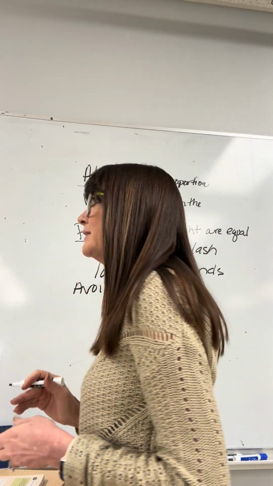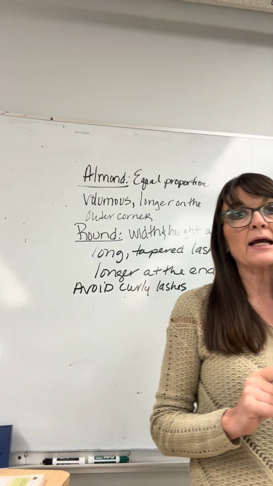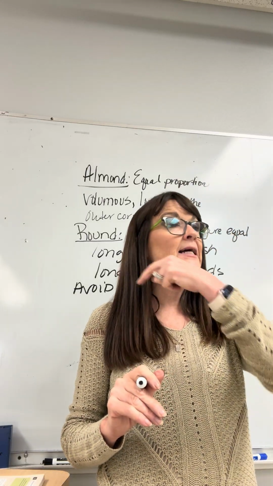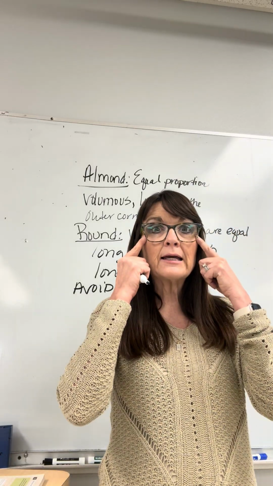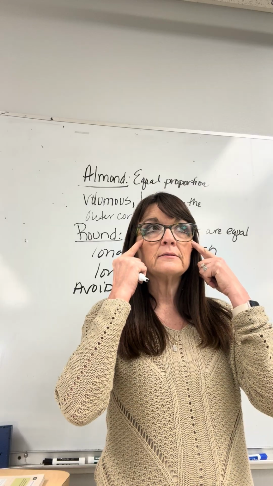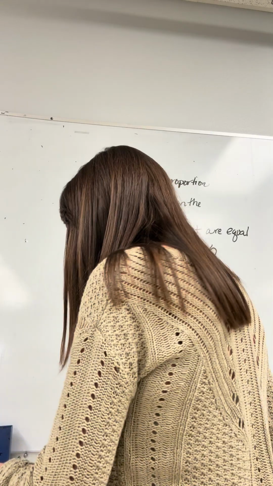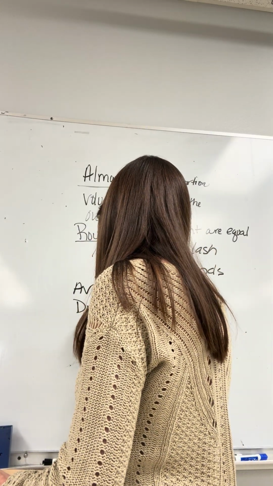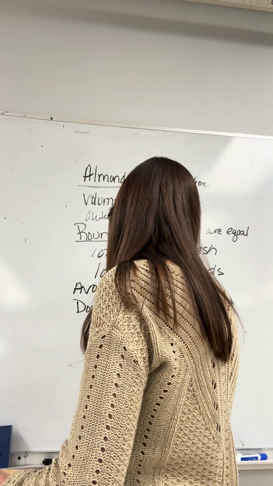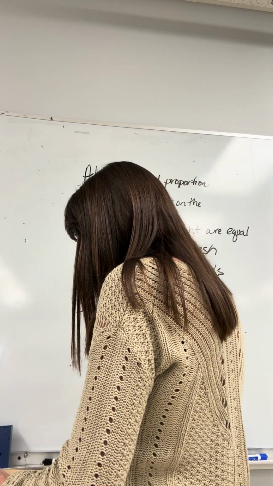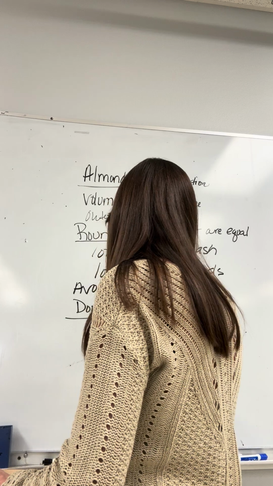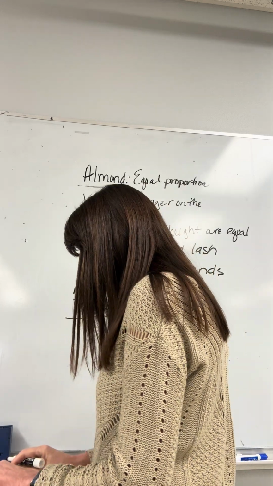Downturned. I kind of have downturned. I don't really notice that I have a downturned eye until I see myself in a photo, and my eye does go down a little bit. If someone has a downturned eye shape, that means there is a slight drop in the corner.